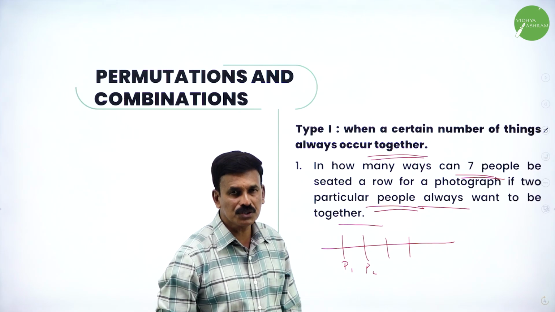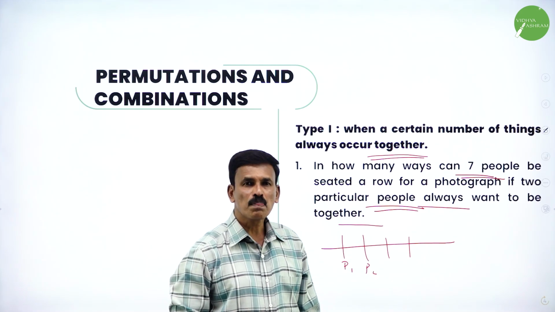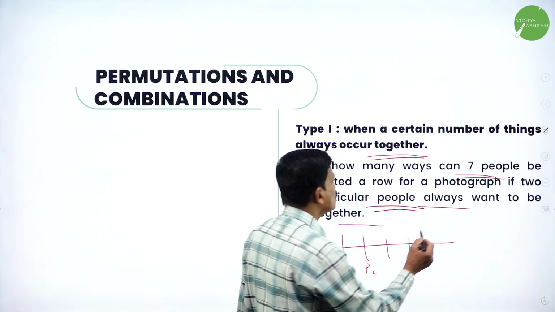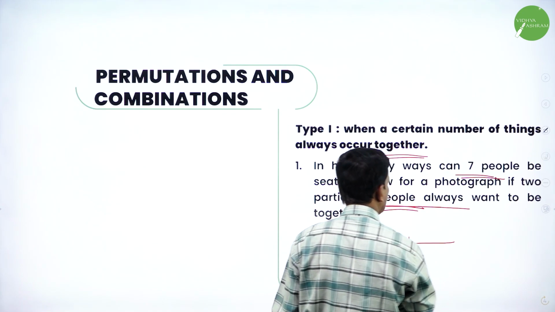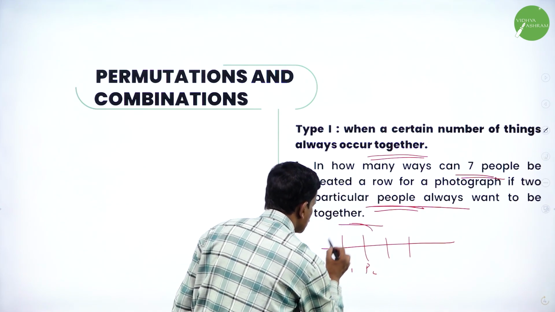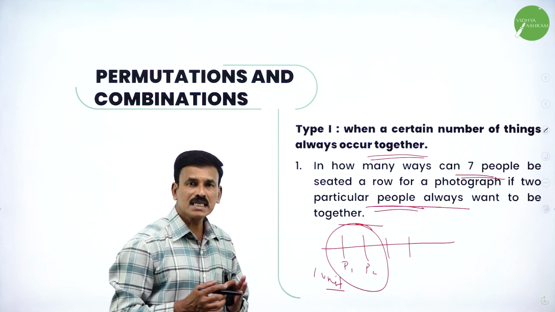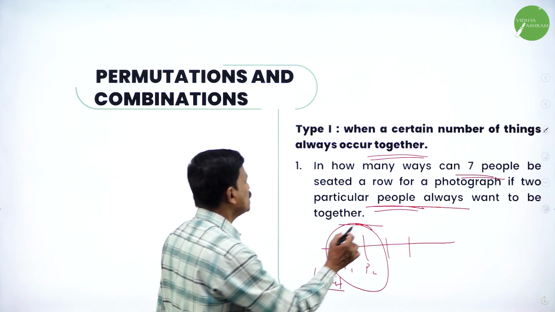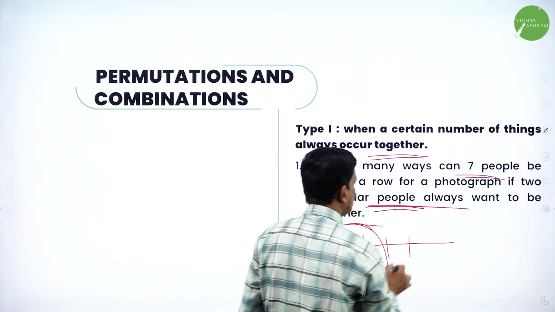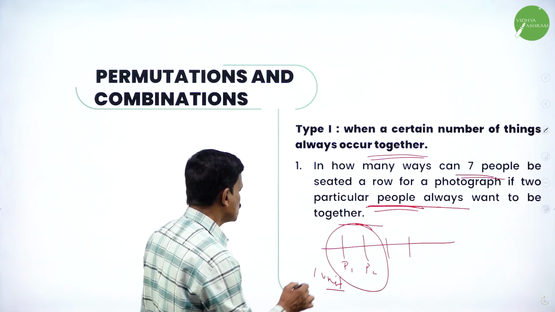Now how to find out the permutation? Now here what is given? 2 particular people always together. Now let us consider these 2 particular people as 1 unit. This is 1 unit.